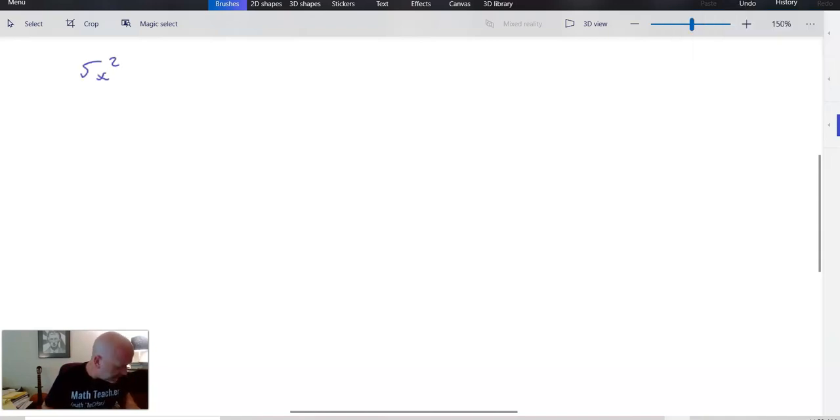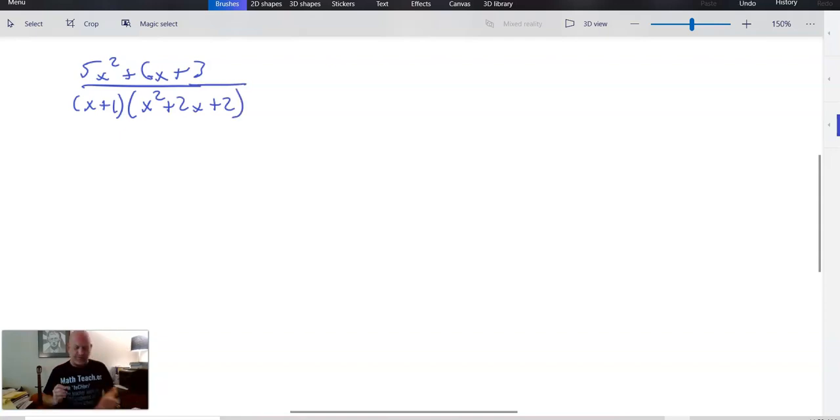5x squared plus 6x plus 3 over... and you notice they're nice enough to factor these for you in a lot of these. Okay, so looking at this now, we have one factor that's linear and one factor that's quadratic.